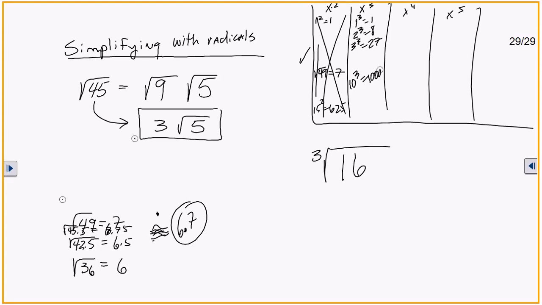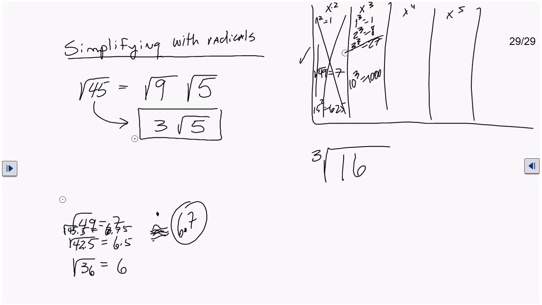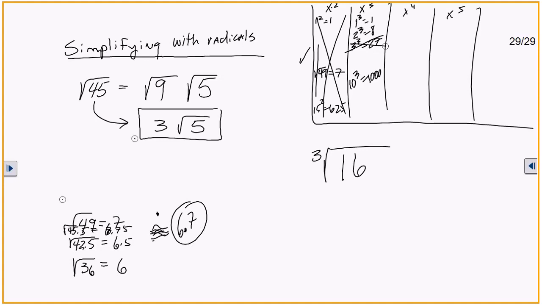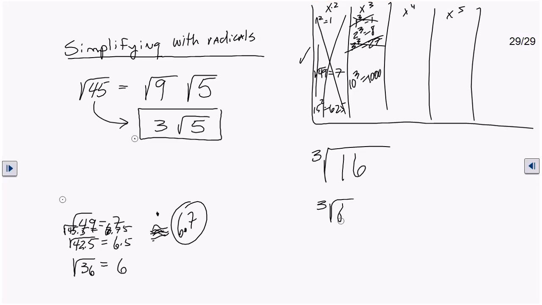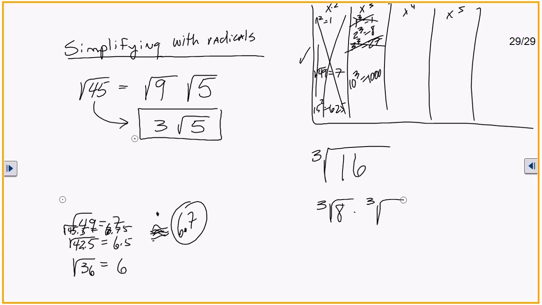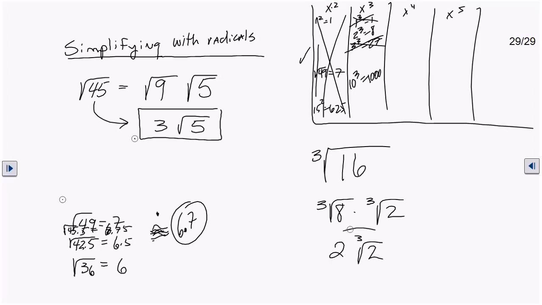Okay, 16. Well, I can't use 27, that's too high. I can't use 1, so I'm going to have to use the cube root of 8. So I break this up into the cube root of 8 times the cube root of 2. And what's the cube root of 8? 2. So the answer is 2 times the cube root of 2.